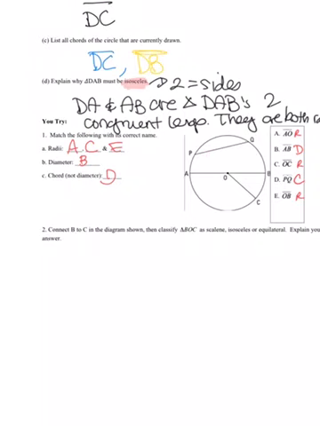All right, last one for today. Connect B to C in the diagram shown, then classify triangle BOC as scalene, isosceles, or equilateral. Explain your answer.